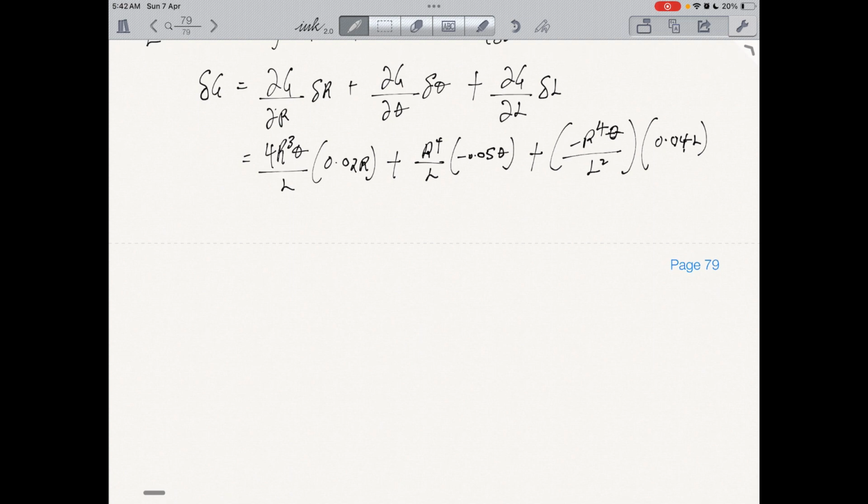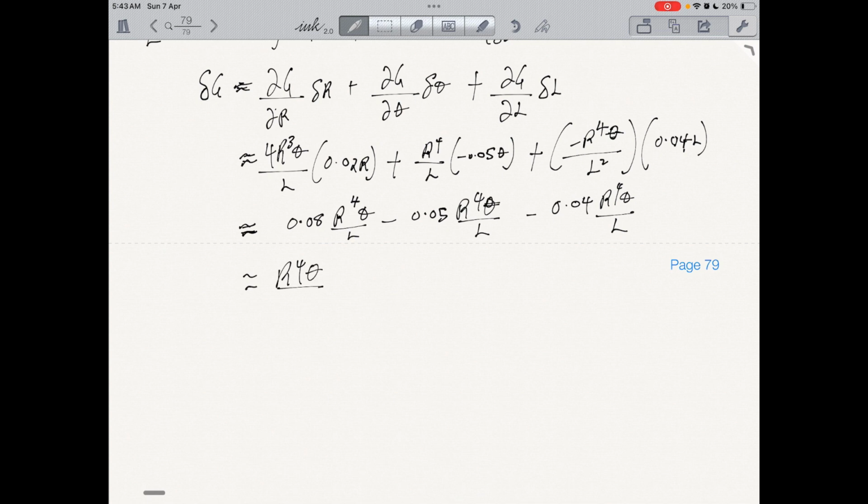So when we simplify further, we have 0.08 R raised to power 4 theta over L, minus 0.05 R raised to power 4 theta over L, and this should give us minus 0.04 R raised to power 4 theta over L. And the small change is approximately R raised to power 4 theta divided by L of 0.08 minus 0.05 minus 0.04.